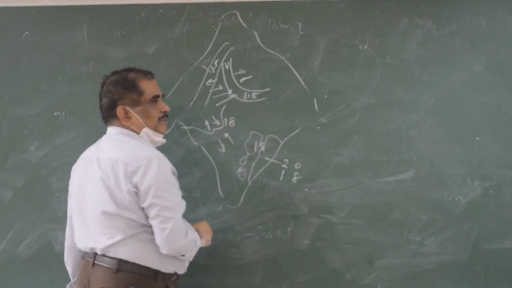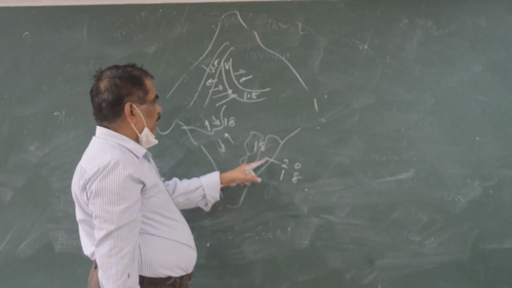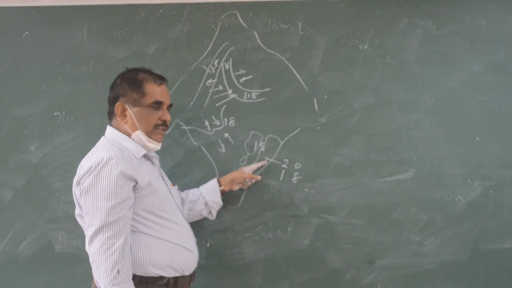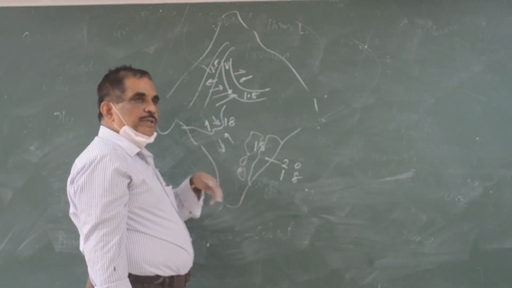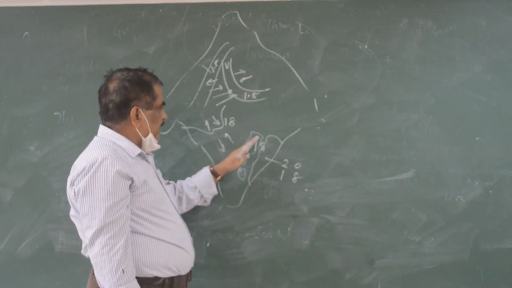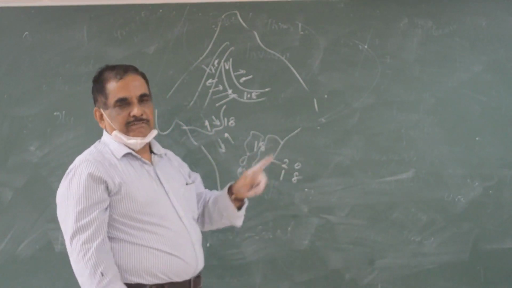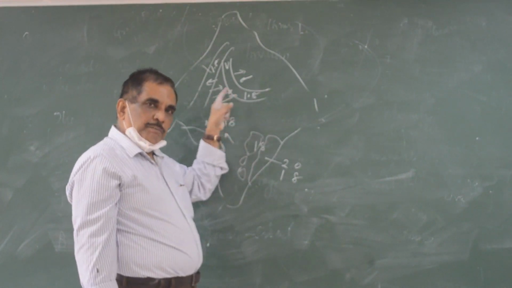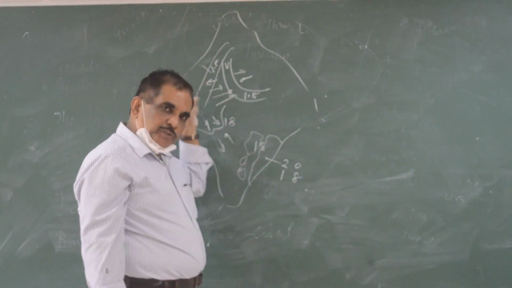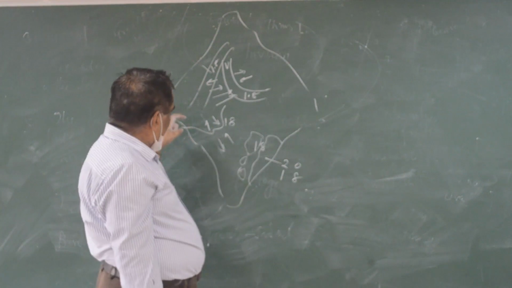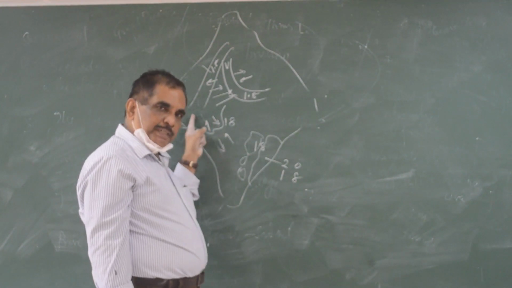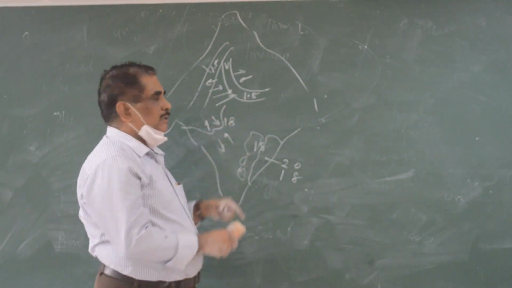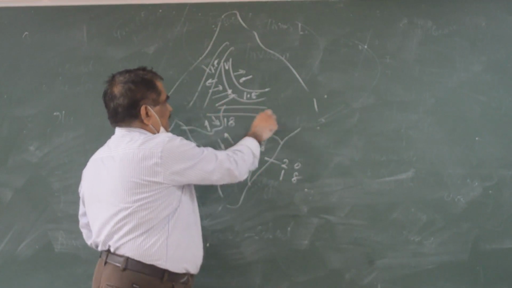So when the Eastern Ghat mobile belt was under compression, these basins also, though a little far away, still experienced this compression. Similarly, the Vindhyas also experienced compression when the Aravalli orogeny took place. Similarly, the Bhima basin also experienced compression when the Satpura orogeny took place.